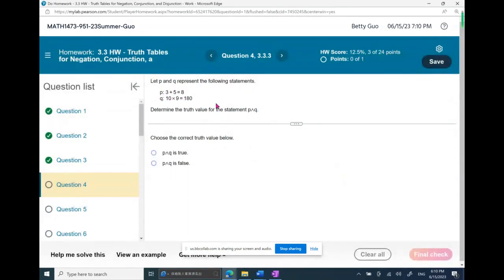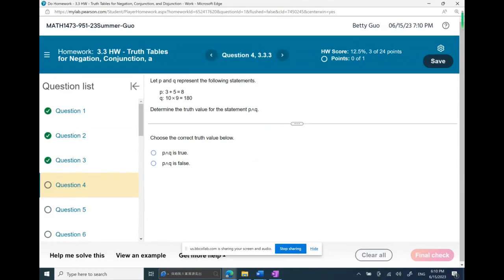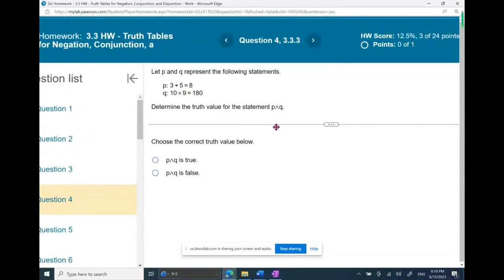Here we have two simple statements. P is 3 plus 5 equals 8, which is true. Q is 10 times 9 equals 180. So Q is false, right? On your scratch paper, you need to write P is true, Q is false. Then what's the truth value for this conjunction, P and Q?